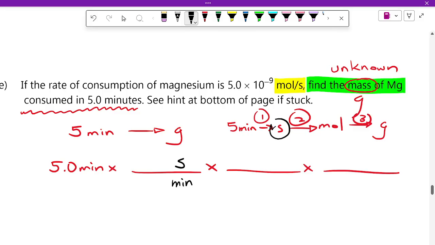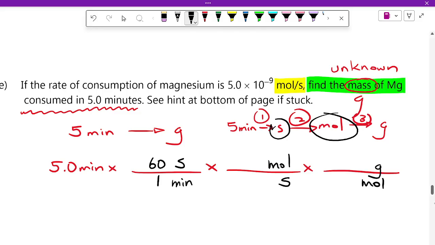In the second conversion factor, we want to cancel out seconds and find moles. And in the third conversion factor, we want to cancel out moles, so moles go on the bottom, and we need to find grams.